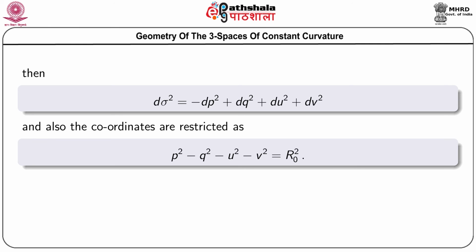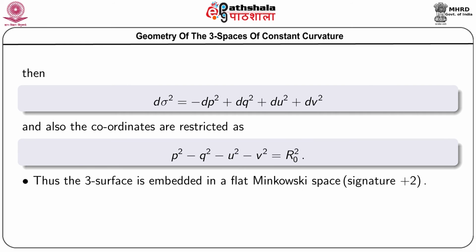So, substituting these values of p, q, u, v, we get this form. Thus, the 3-surface is embedded in a flat Minkowski space of signature plus 2.